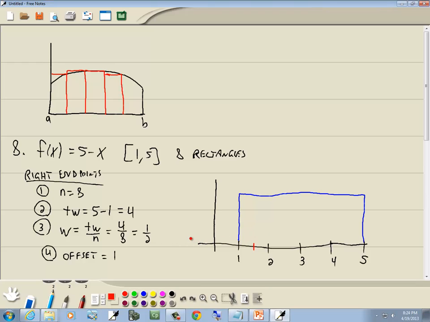So that would be right here. So we got a rectangle here. We got a rectangle here. And we're going to have 3/2, and we'll have 4/2.